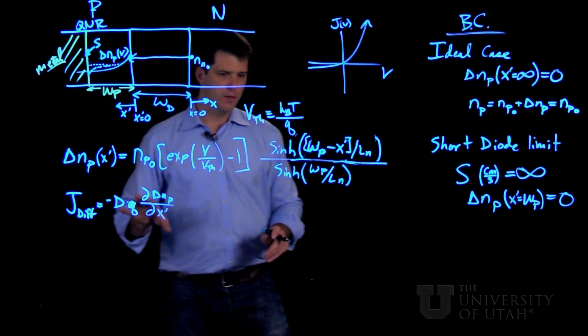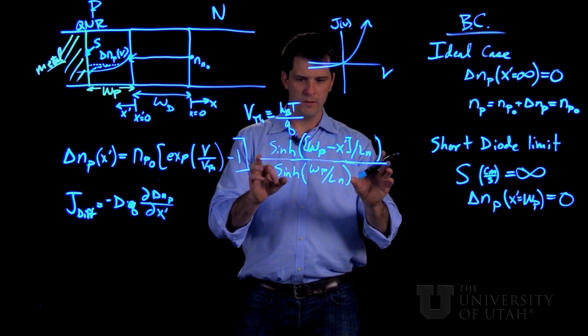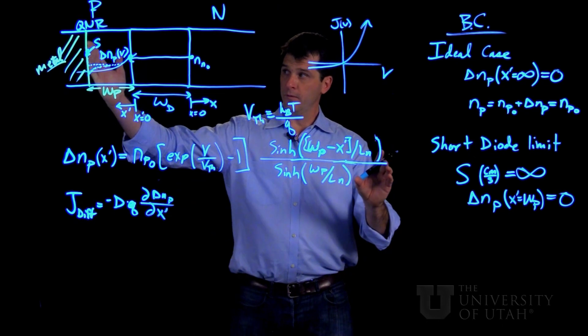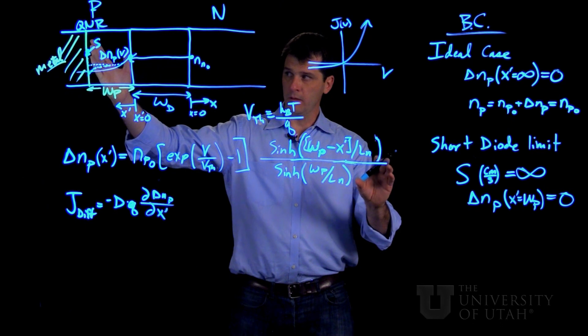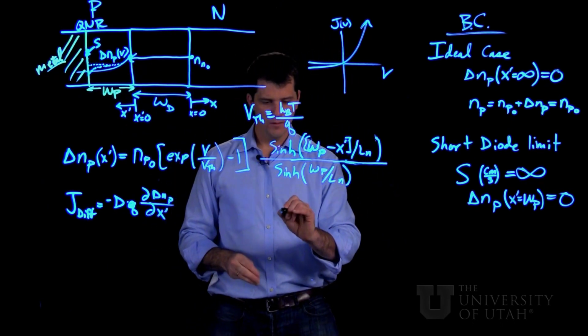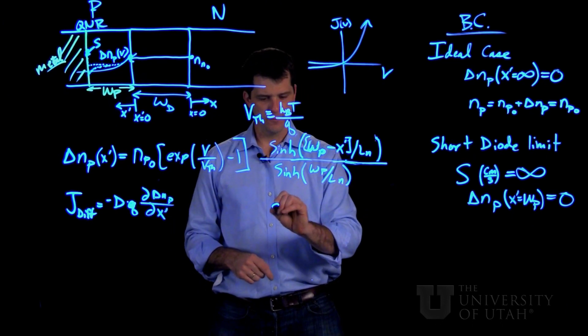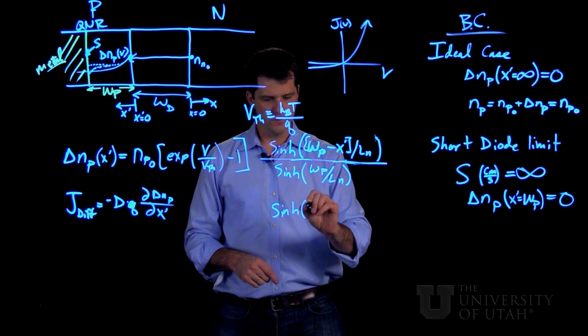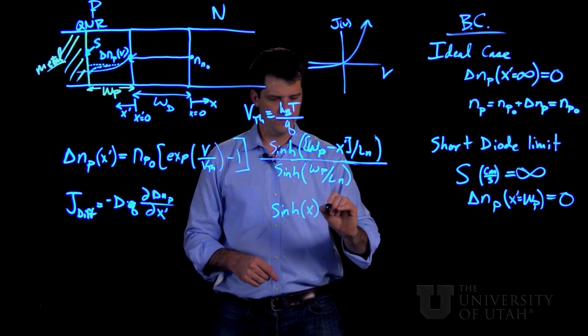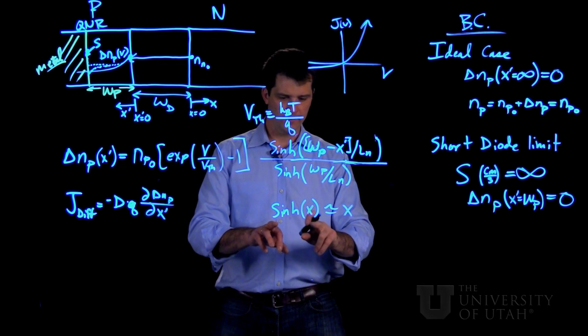So before we do that, let's look at what happens to these functions here in the limit where the WP is actually smaller than Ln. So in that case, we can make the small argument approximations for sinh. So in the small argument approximation for sinh, this is about equal to x.